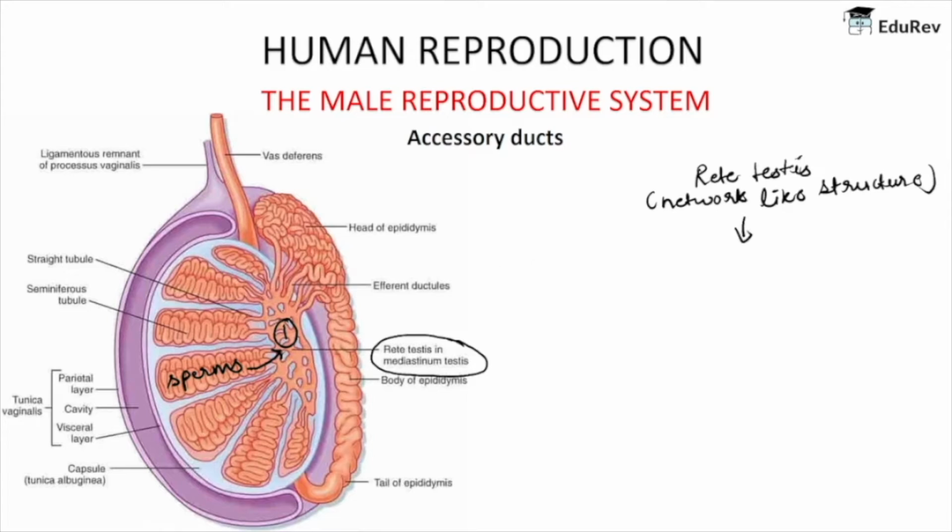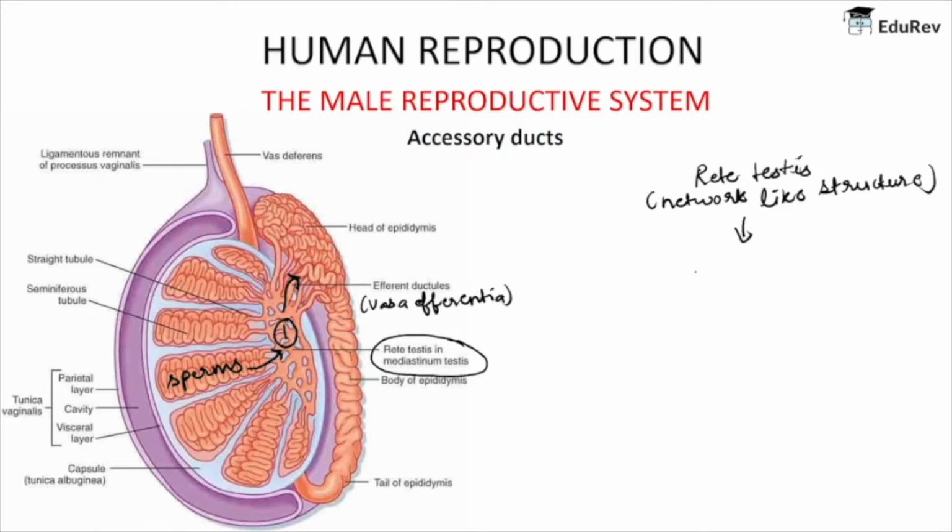The name you must remember for efferent ductules is the vasa efferentia. This is another name for efferent ductules.